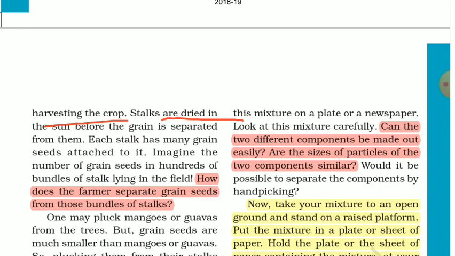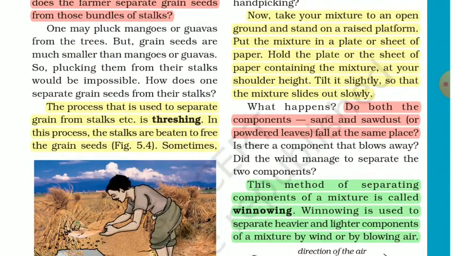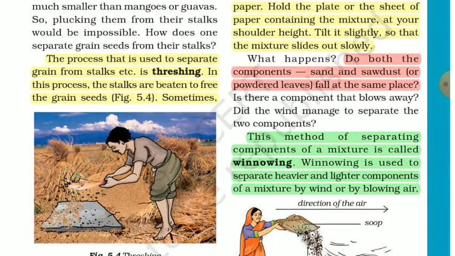Obviously it will be very difficult to separate the grain from the crop by picking with our hand. So we have to beat the stalks on a solid surface. When we beat them on a solid surface, the grains get separated.